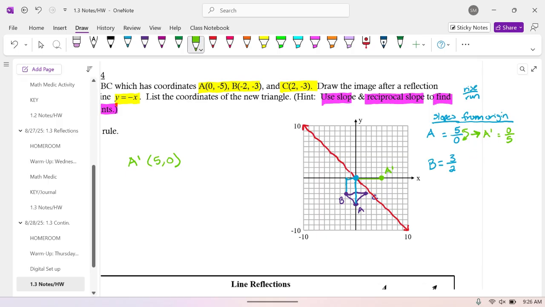So if I take the reciprocal, what would be the slope of B prime? 2, 3. So if I go from the origin, that'll be my starting point now. I'm going to go up 1, 2 over 1, 2, 3. So this will be B prime. And what is that point? 3, 2. Good.